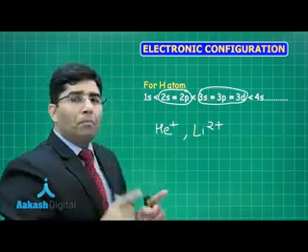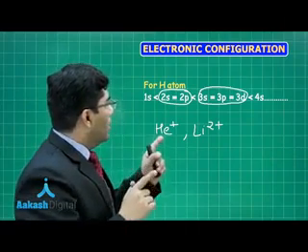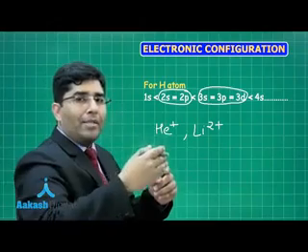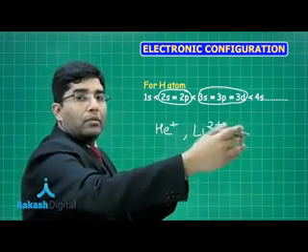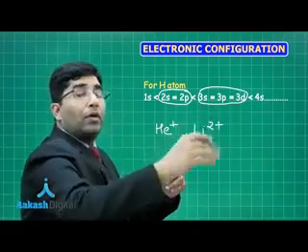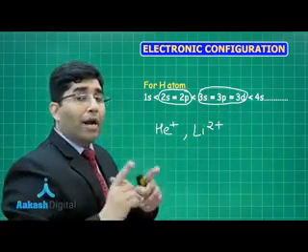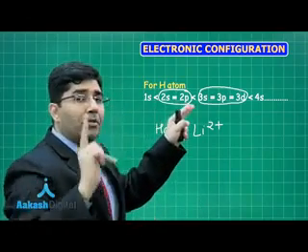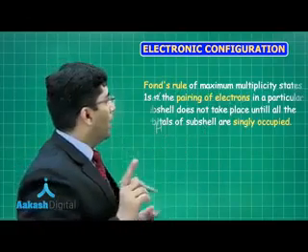So for multi-electron atoms, we will follow the Aufbau rule, that is 1s, then 2s, then 2p, then 3s, 3p, 4s, 3d, and so on. But for hydrogen and hydrogen-like species, the energies of the subshells of the same shell will be the same, right? Okay, the next rule.